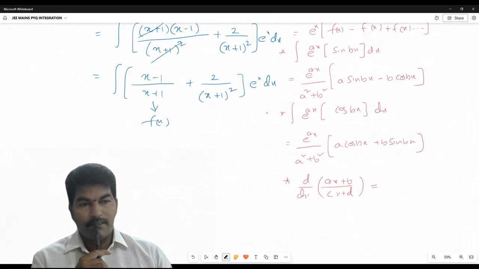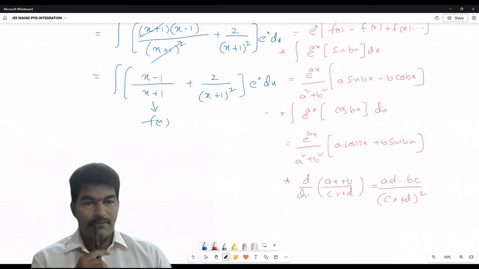Remember this formula: the derivative of (ax plus b) by (cx plus d) is (ad minus bc) by (cx plus d) whole square. Always we are using this formula, later also, because we need to do the derivative 3 times.